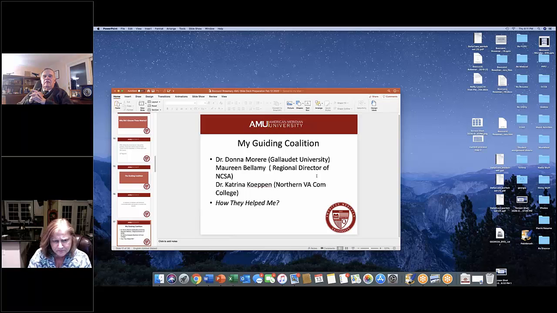Maureen Bellamy is regional director of the National Cued Speech Association and also the vice president of the Northern Virginia Cued Speech Association. She is an expert in cued speech and has been an advocate for cued speech, and she's currently a transliterator for cued speech in the school system.